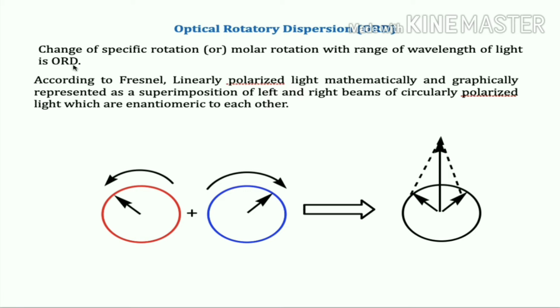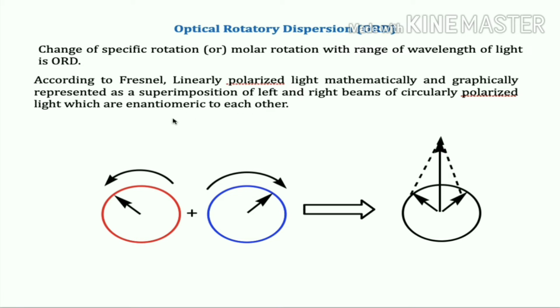Everything is similar. The only difference is that in optical rotation you measure at a particular wavelength, whereas in optical rotatory dispersion you measure at different wavelengths, in the UV visible region. We will see what optical rotatory dispersion is and how we get the spectra. According to Fresnel, linearly polarized light is mathematically and graphically represented as a superimposition of left and right beams of circularly polarized light, which are enantiomeric to each other.